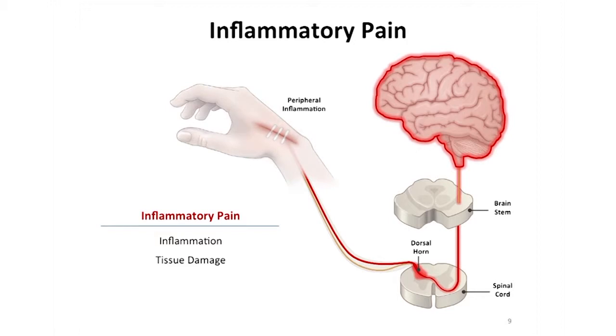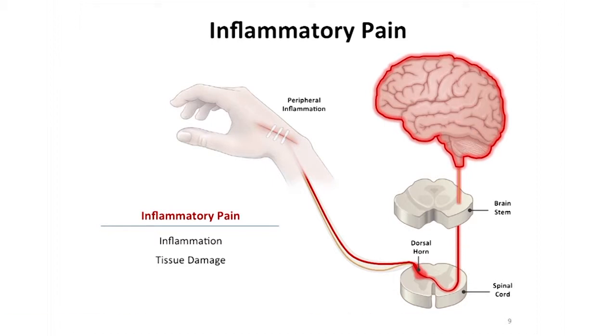And the feature here is that the peripheral inflammation activates immune cells, which are both recruited and activated, and these produce a variety of chemical signals, inflammatory modulators, some of which are lipids, some are ions, and some are proteins. And these act on nociceptors to change their function.